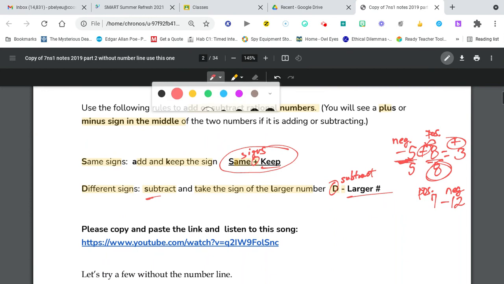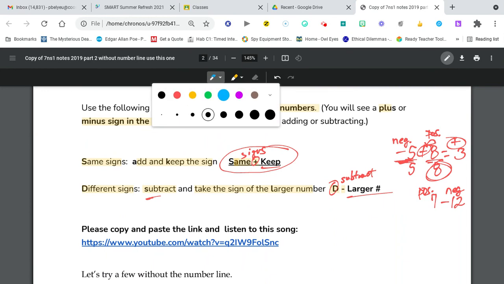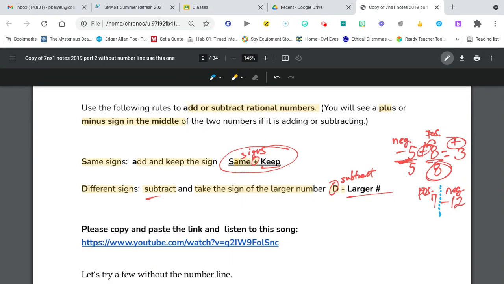So if you ever get confused on how to look at it, you can just draw a line after each number. So that looks like positive 7, and this looks like negative 12. They're different. I'm going to subtract. When I subtract 12 minus 7 is 5. But if you look at this as 7 and 12, which one of those is bigger? 12 is bigger. What's the sign in front? A negative. So make sure your answer is negative.